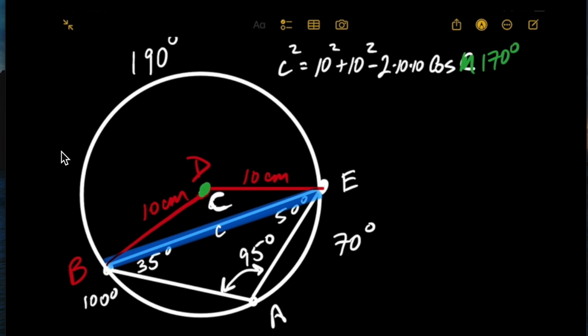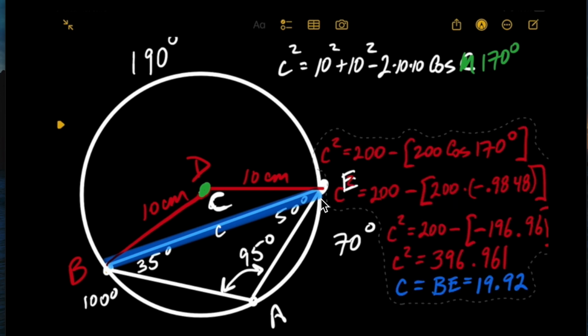Okay, we've cleaned things up a little bit, and recall that C refers to this line here, BE. That's one of the lengths of the triangle. And when we do our math, plugging in cosine of 170, we get this length to be 19.92.